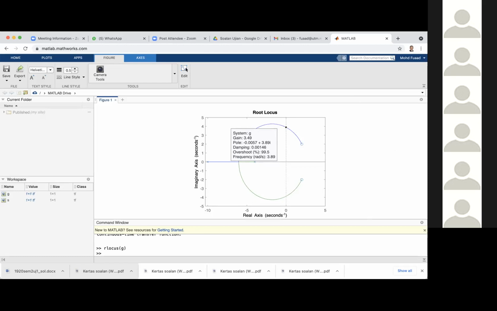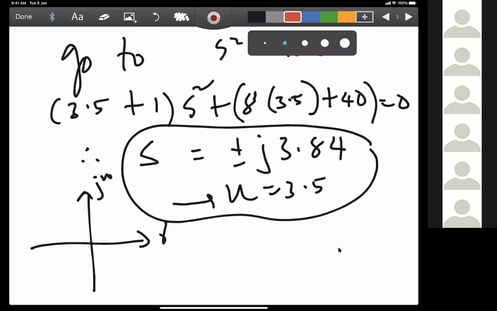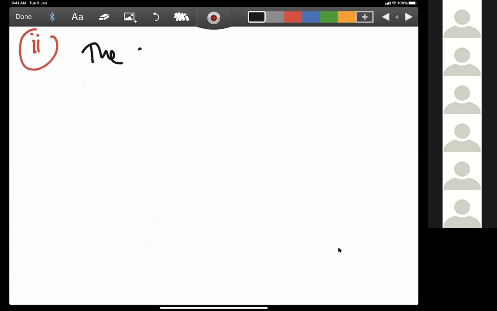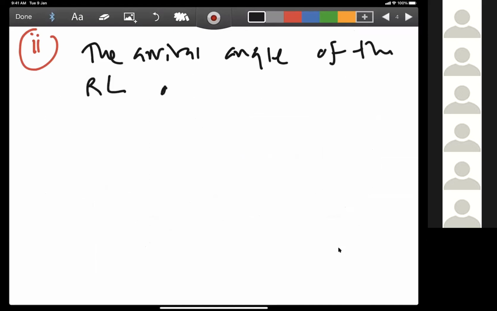Now we go to the second question, part 2, which is the arrival angle of the root locus of the closed loop transfer function.